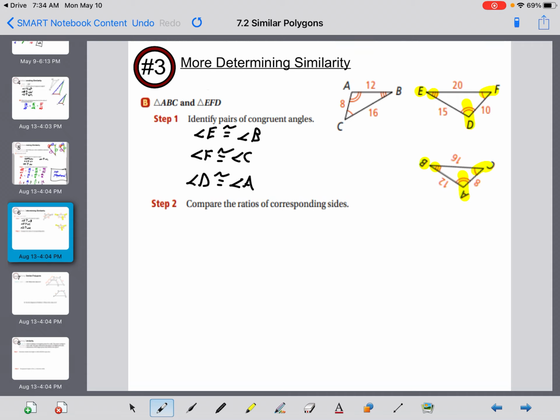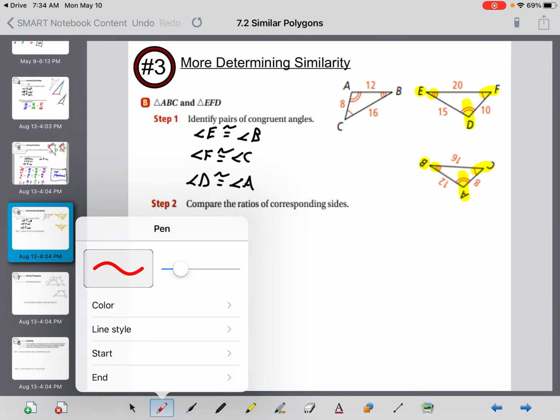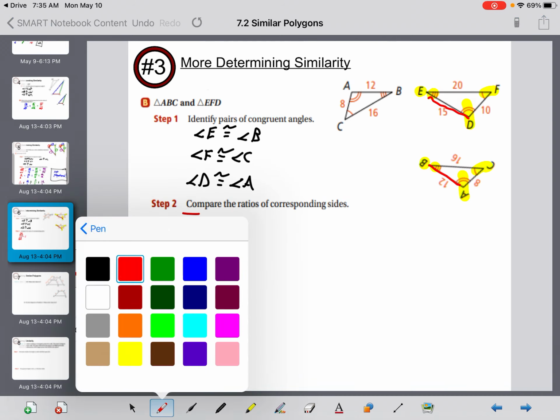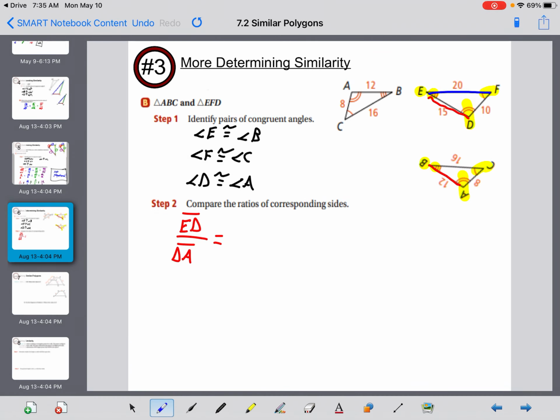All right, it says compare the ratios of the corresponding sides. Well, if we follow that pattern, right, we have ED proportional to BA, or DA. We have EF and BC, so EF is proportional to BC.